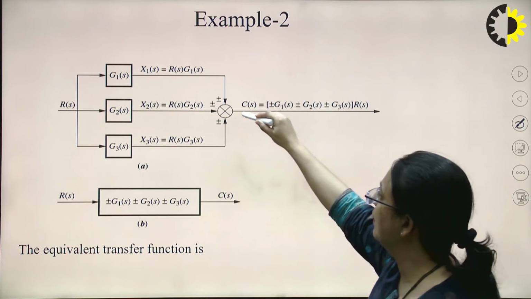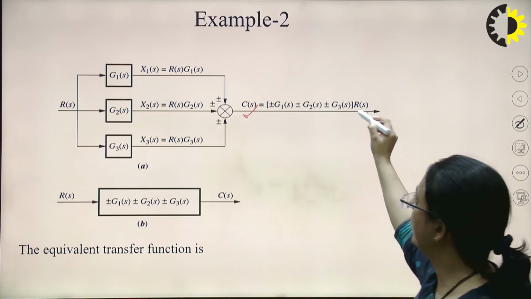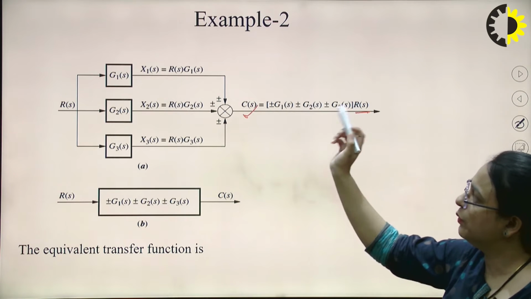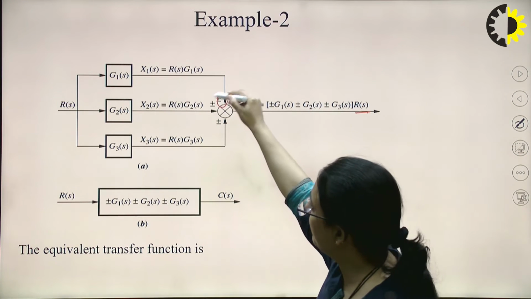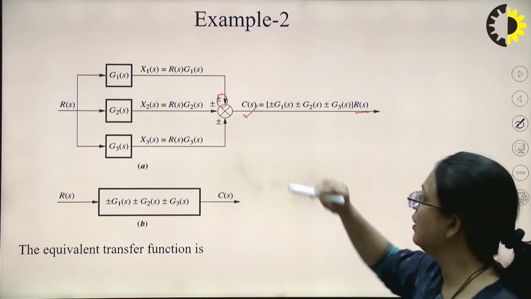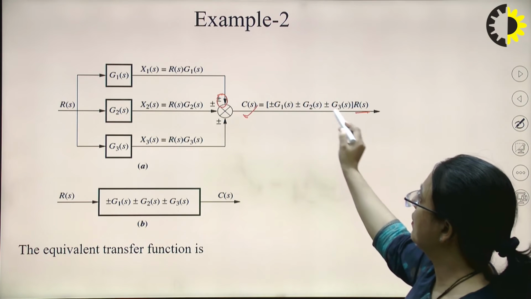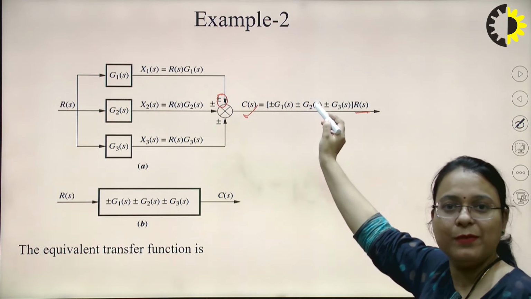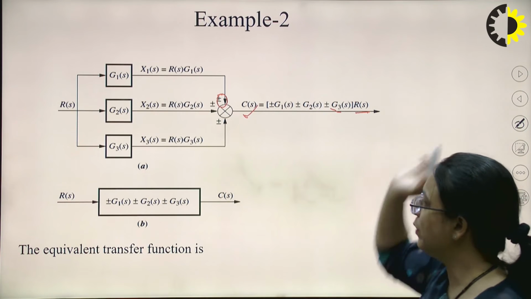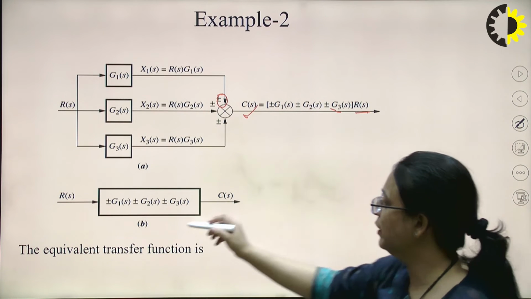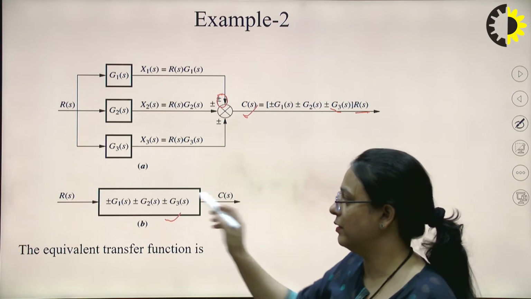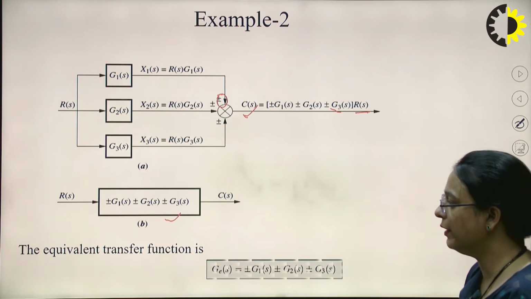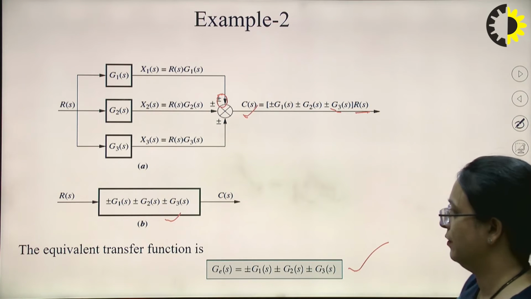You can see here, we can take R(s) as common, so since I have taken plus and minus signs, both the signs, C(s) will be (plus or minus G1(s) plus or minus G2(s) plus or minus G3(s)) into R(s). And you can represent it with a single block, that is this. So the equivalent transfer function will be this.